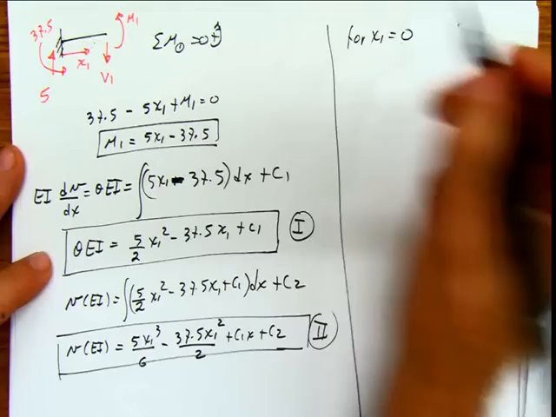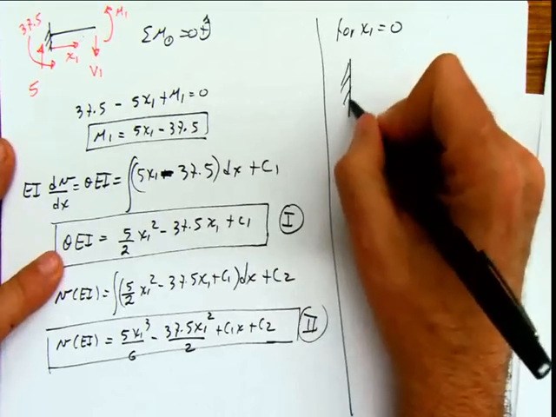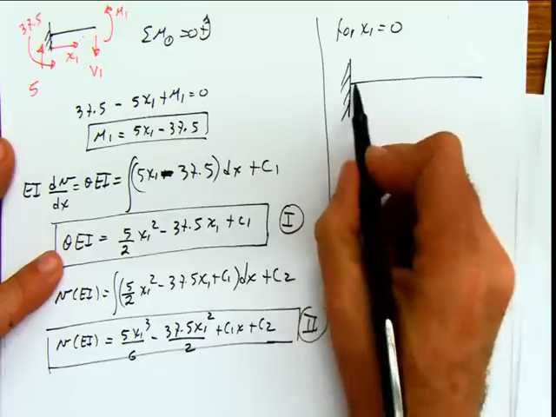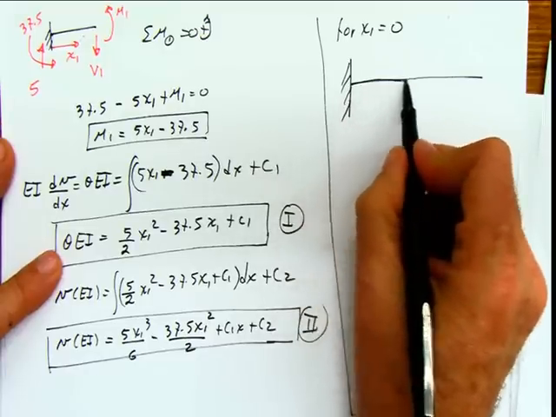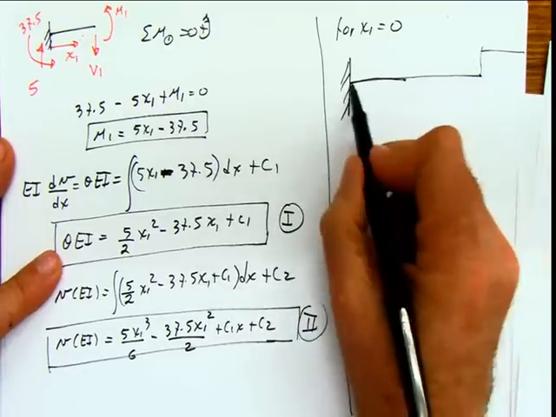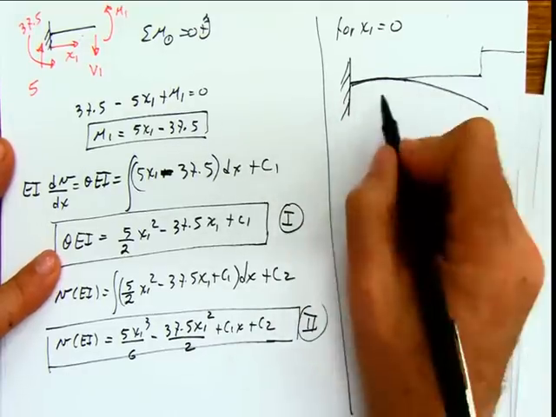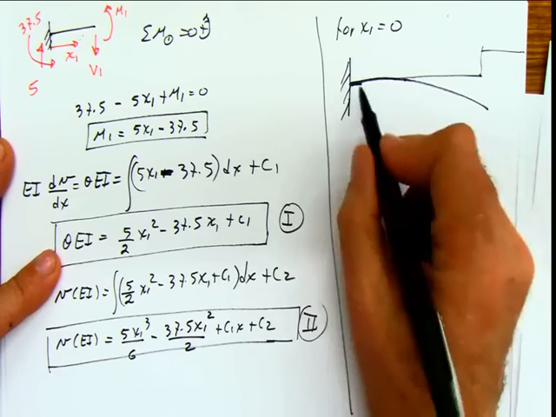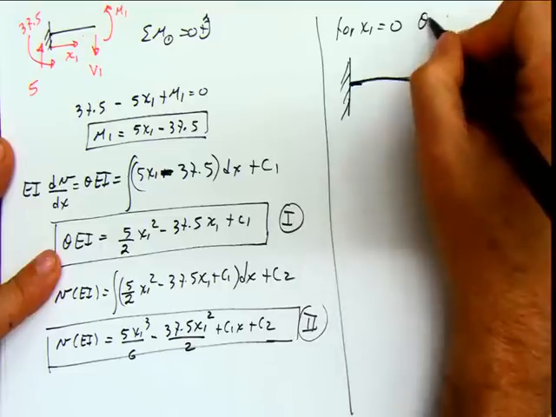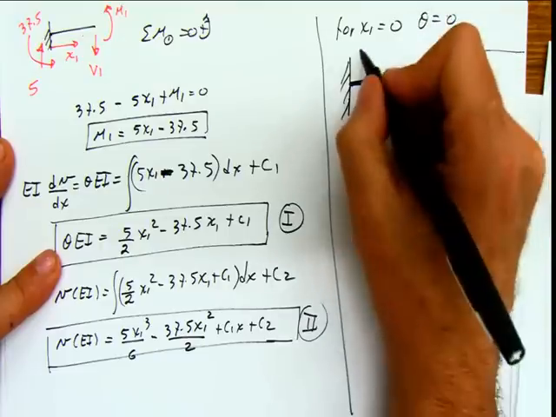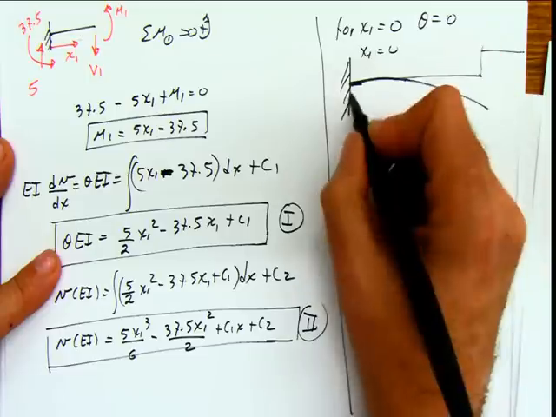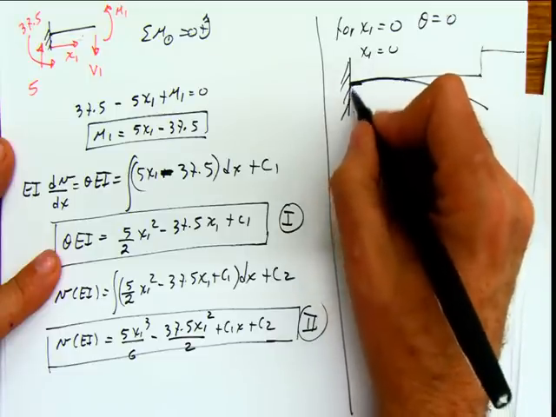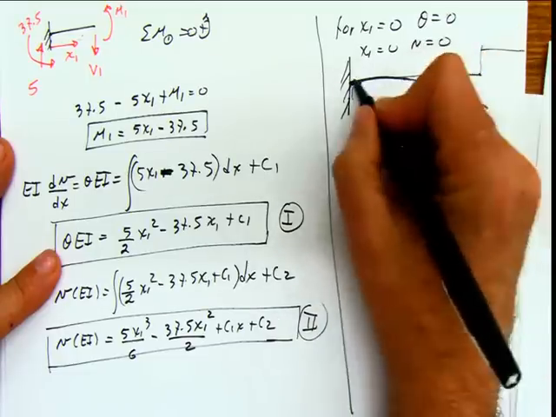If this is the beam and there is a load here, my deflection is going to be something like that, but it's going to start from 0 here. There's no slope, so the slope is 0. And at the same time, for x1 equals 0, also the deflection is 0 because this is a fixed support.